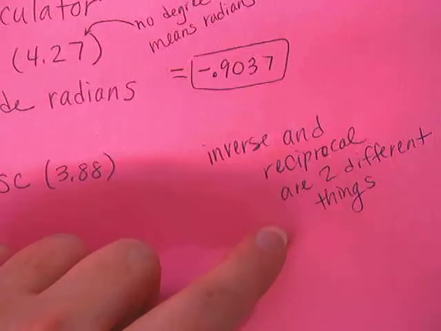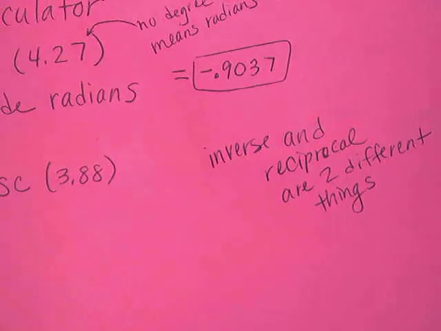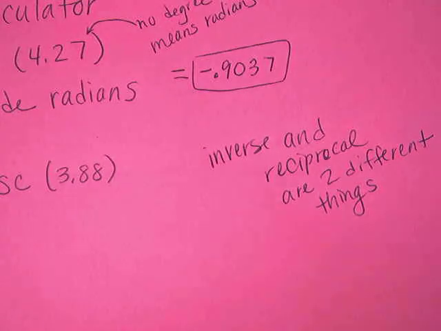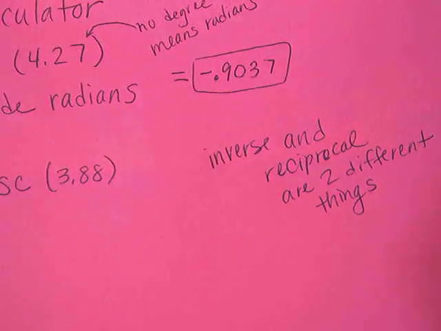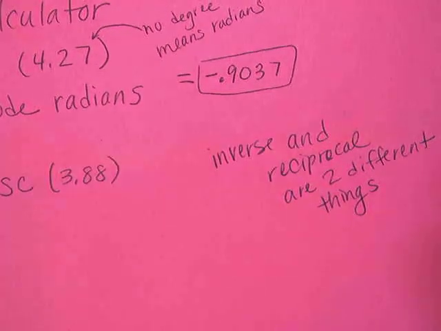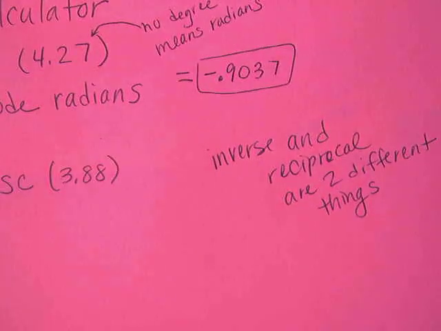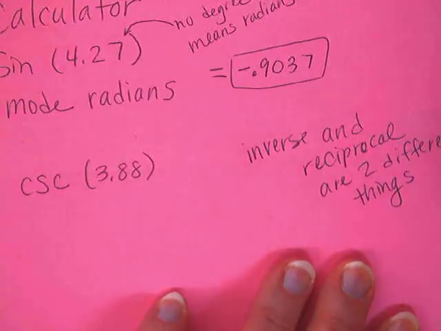When you're working with trig functions, you plug in an angle and you get out a decimal or a ratio. Sine to the negative 1 would be to plug in a ratio and get out an angle. That's when you're solving for angles, what you learned in geometry. So when you use second and then inverse sine, inverse cosine, inverse tangent, those are to find angles.